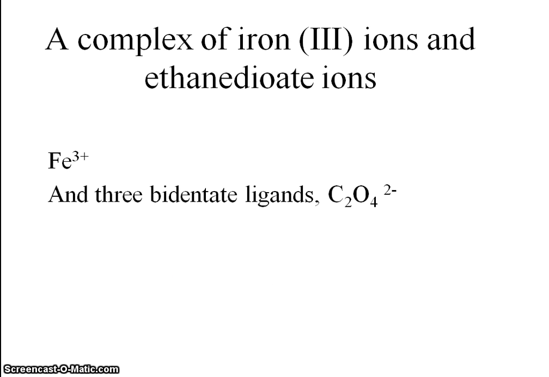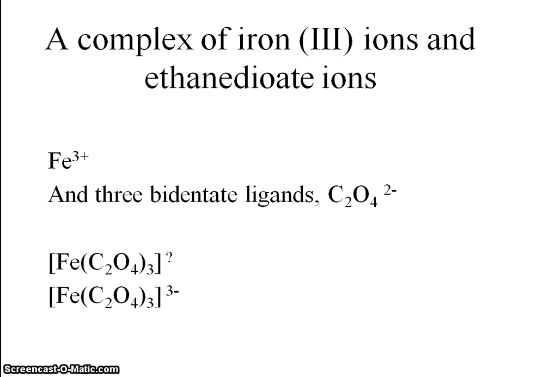So let's say we've got iron 3+ ions with 3 of these bidentate ligands. What would be the formula? Well, putting the metal first and then brackets, you've got the ligand, 3 lots of those. So overall, adding up the charges, hopefully you agree that it's 3 minus.